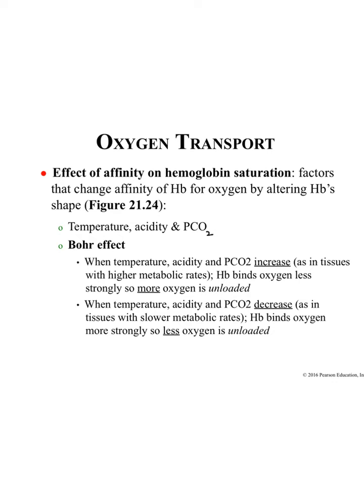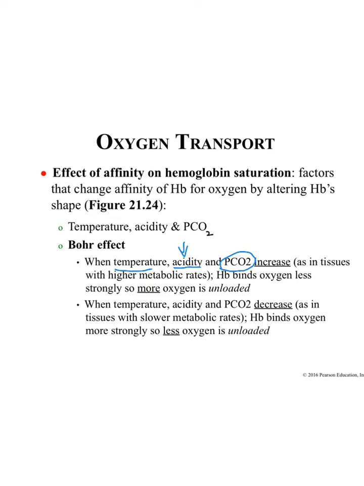The Bohr effect is the relationship between temperature, the acidity, so you would say the lower the pH, or the amount of CO2, if that increases, you have less saturation, so you're going to unload the oxygen at tissues more.